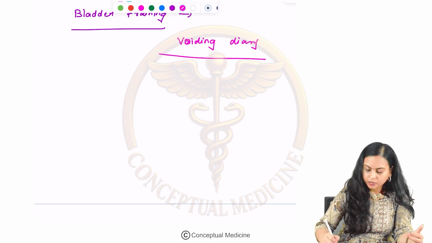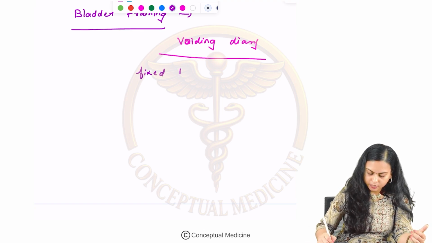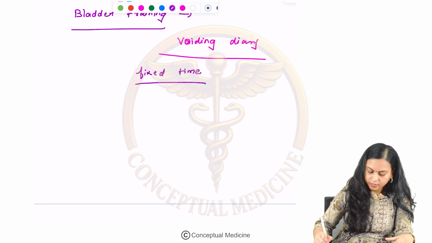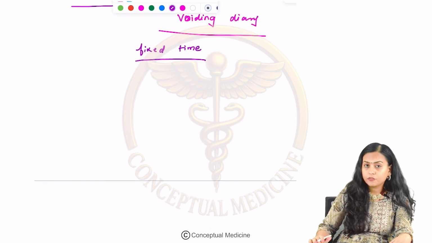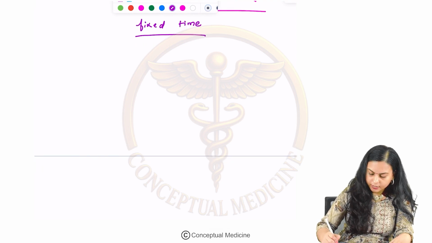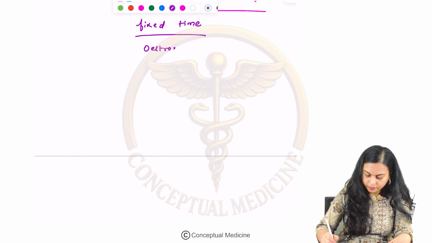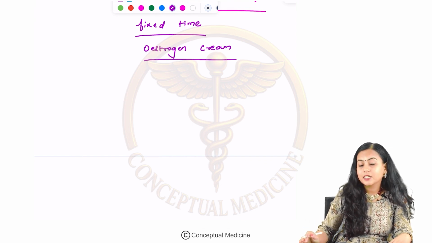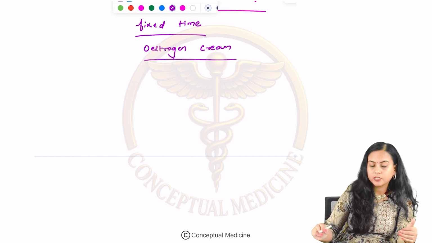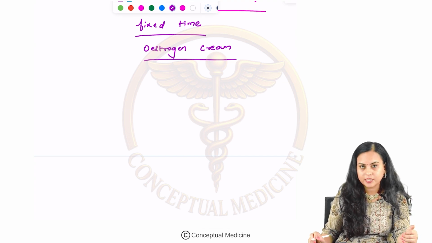The patient is asked to void at a fixed time interval that is comfortable, and you can even give estrogen cream that improves incontinence in postmenopausal females, right?